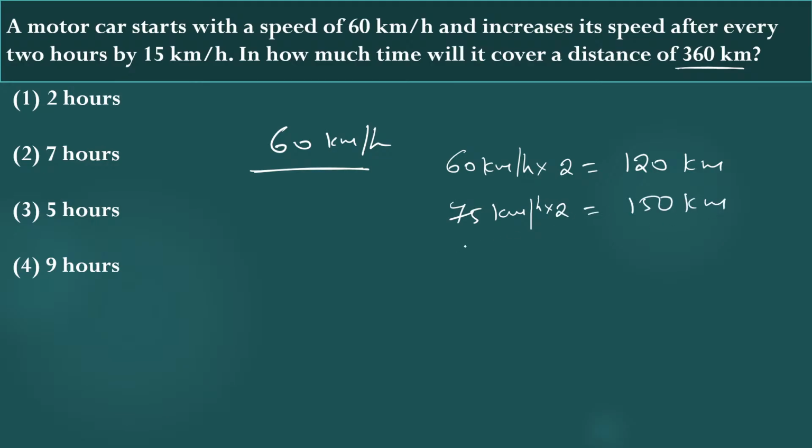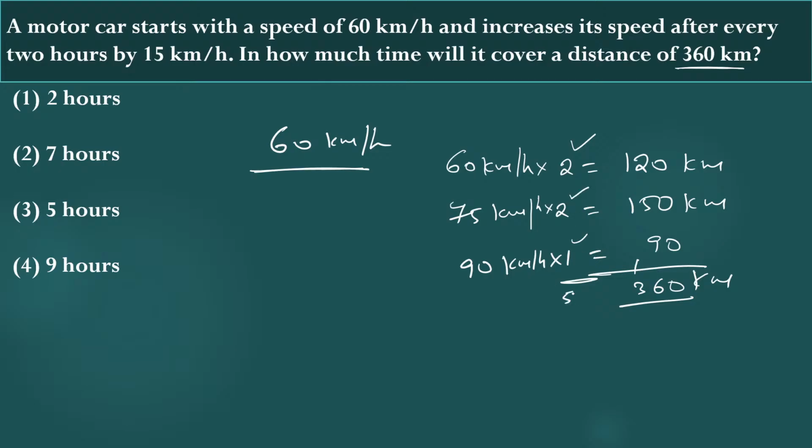Next again 15 more, that is 90 kilometers per hour for 1 hour. If you sum it, you get 360 kilometers. 2 hours, 2 hours and 1 hour, so you get 5 hours. Option 3 is correct.